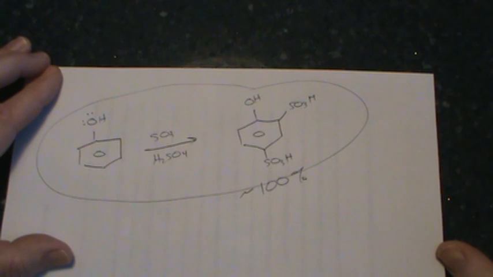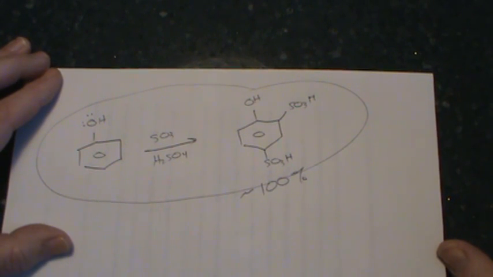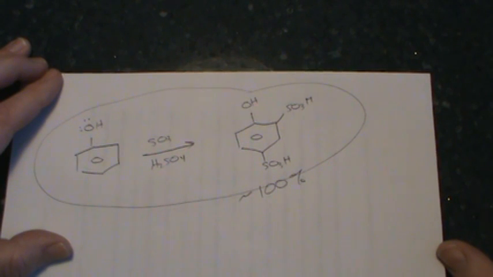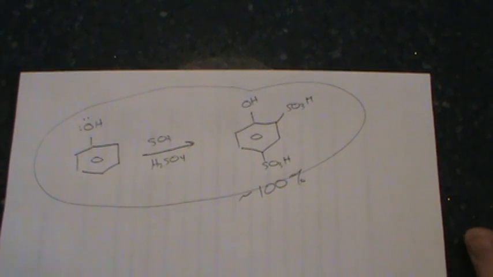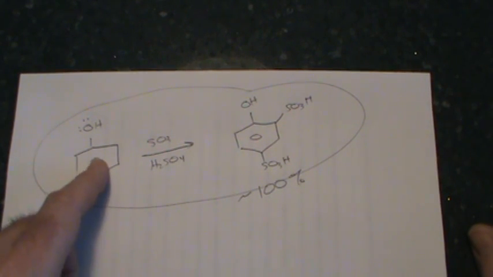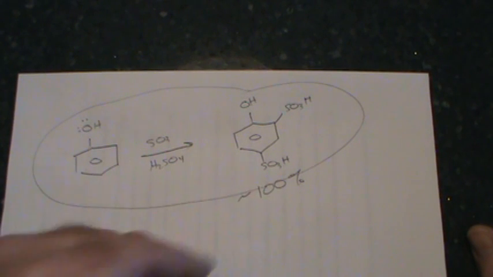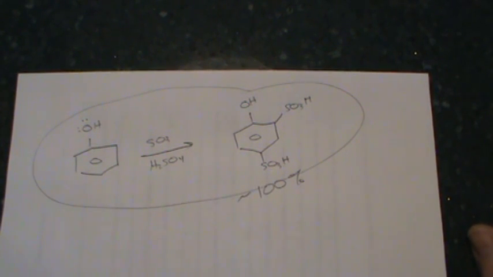That's going to turn out to be very useful for us, as we'll discuss in a few minutes. Again, this is not a general case. Not all ortho-para directors will do this. In fact, this is specific to phenol. So if you take something like a methyl group and try to do the same thing, you won't get 100% yield of this product. This reaction is a unique one, but it's one that we'll take advantage of in a few minutes.